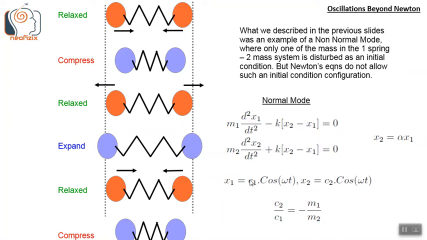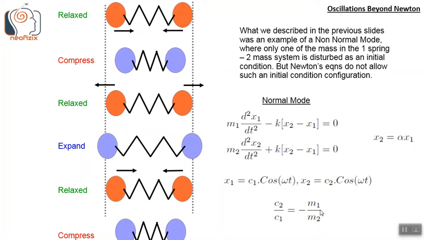So the key point here is this ratio alpha, or this ratio C2 by C1. So alpha equals C2 by C1, these are the same. This ratio should have one particular value, minus M1 by M2. So this is the only value allowed according to the Newtonian force balance equations. So alpha, or C2 by C1, has to be minus M1 by M2.